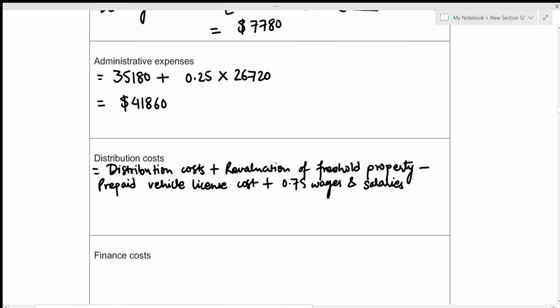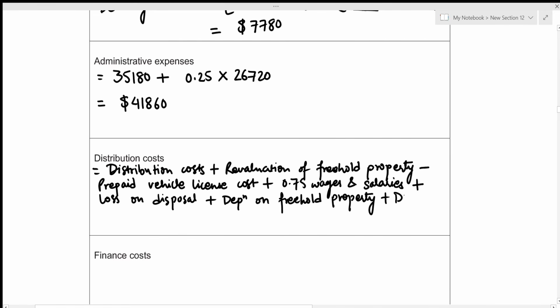Then we had a loss on disposal. Then we had depreciation on freehold property, and depreciation on delivery vehicles.